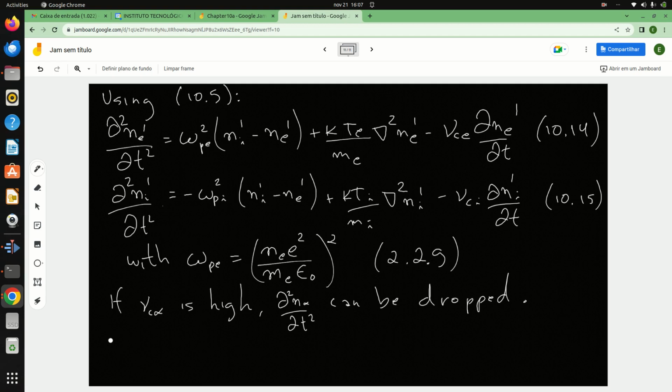So we'll do 10.14 plus 10.15 with this approximately equal to this. Oops, this is ion.